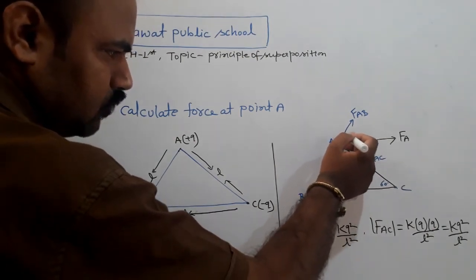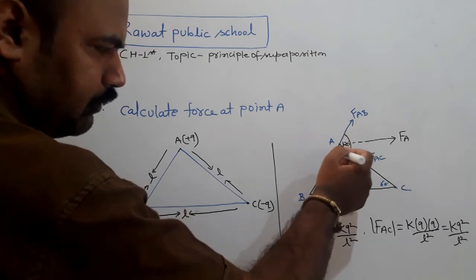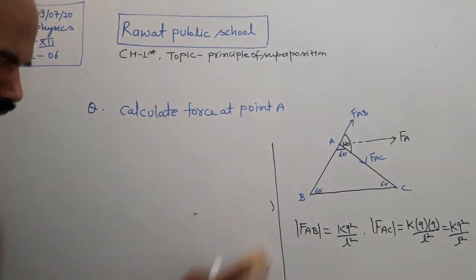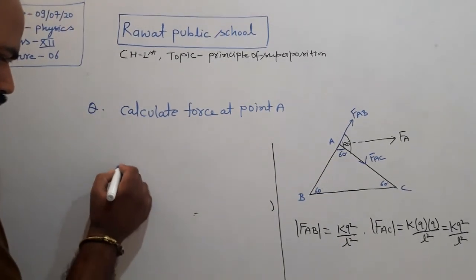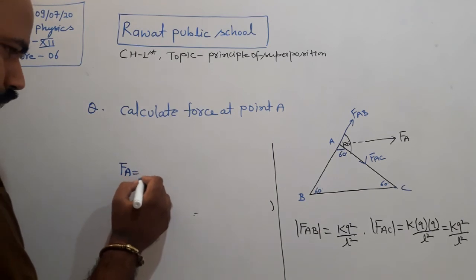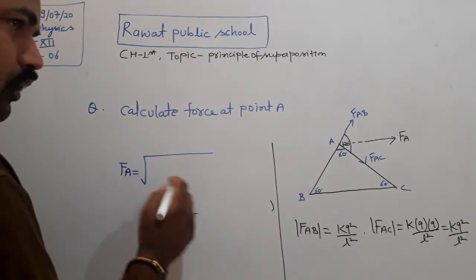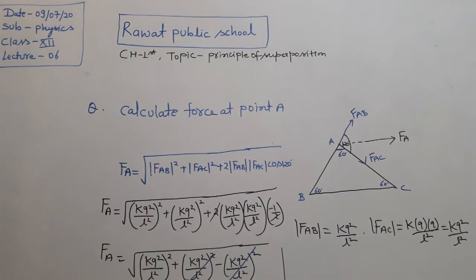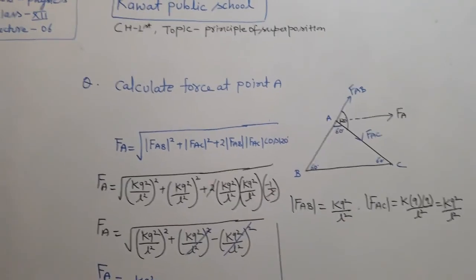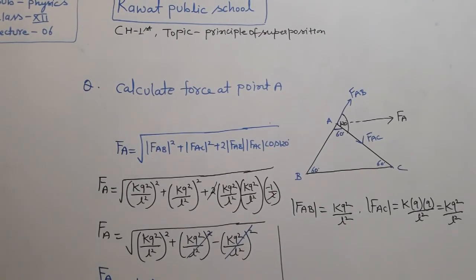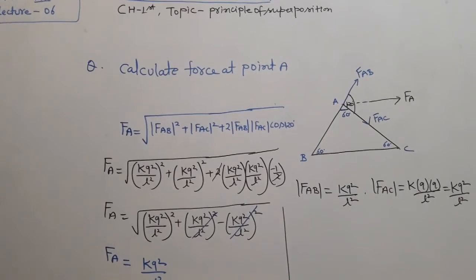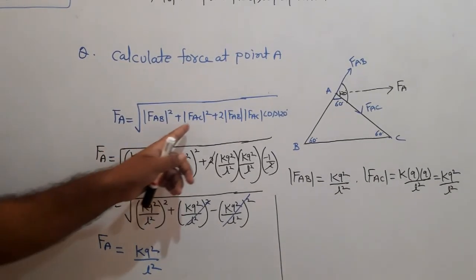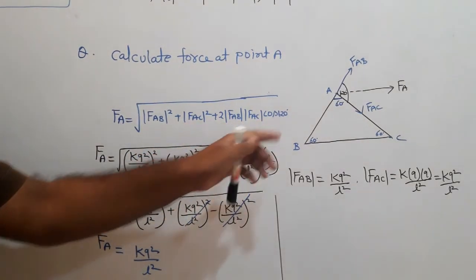This is 60 degrees, so this will be 120 because a straight line makes 180 degrees. FA is the square root of FAB square plus FAC square plus 2 FAB FAC cos 120.